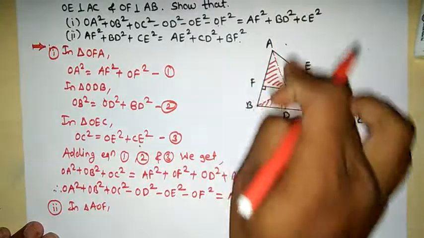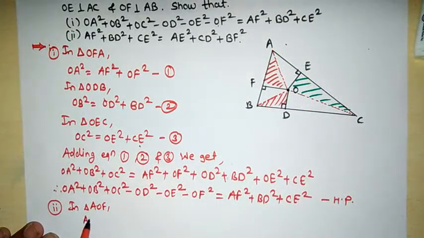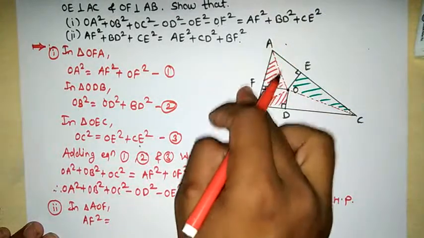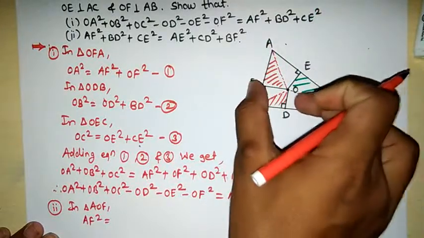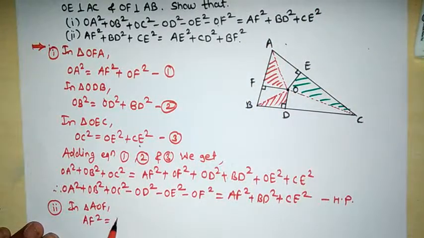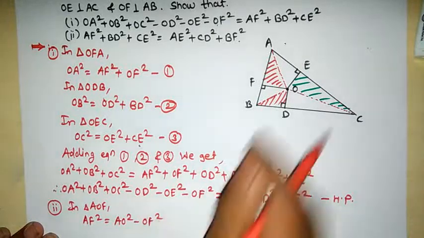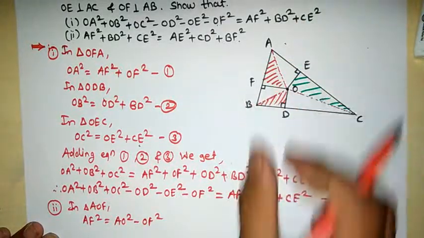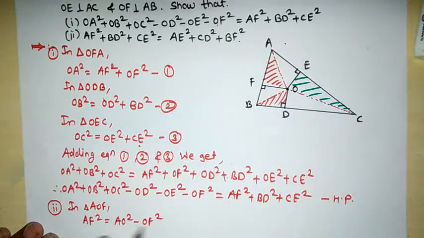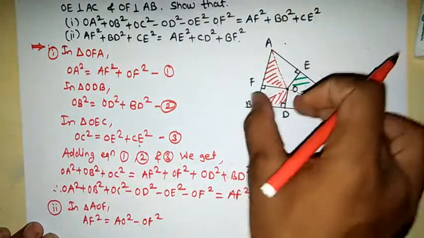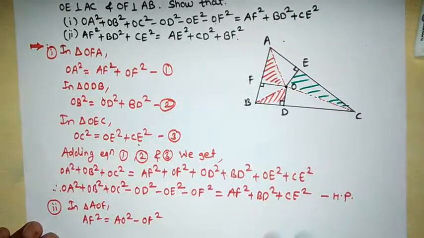In triangle AOF, AF square is equal to AO square minus OF square, by using the Pythagoras theorem.